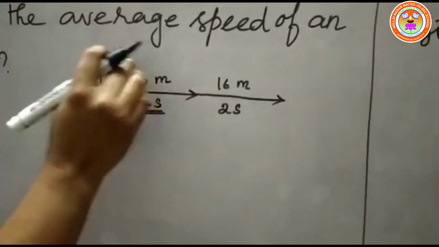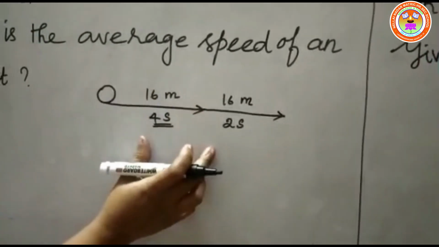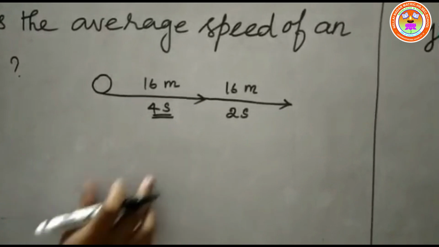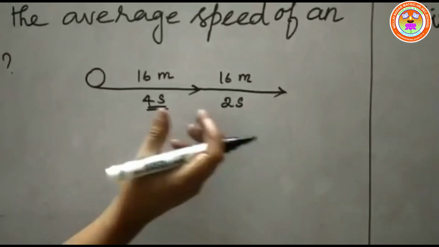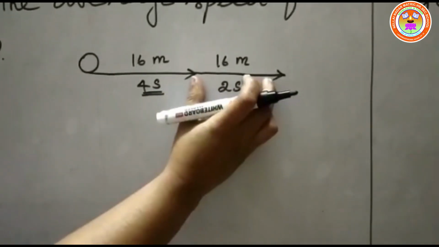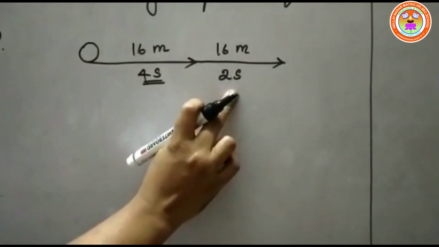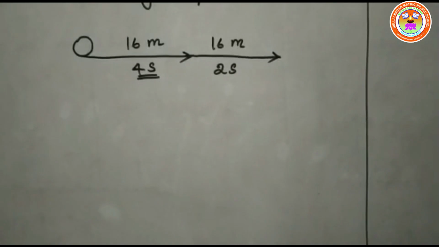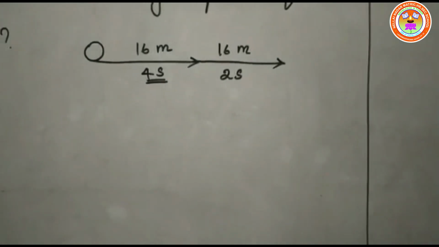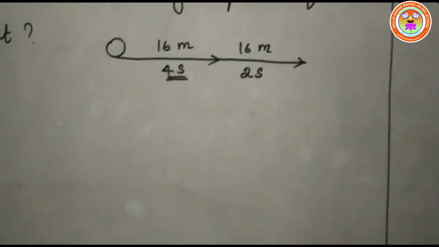It is not uniform motion, it comes under non-uniform motion only. The time is not constant. So the object covers a distance of 16 meters, but the time taken is 2 seconds.